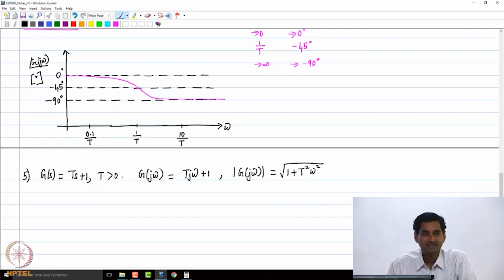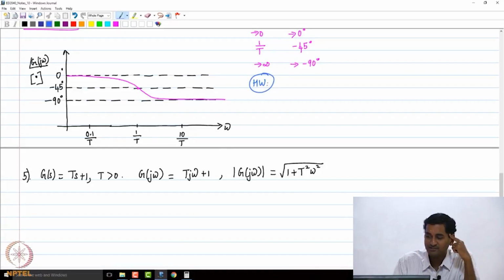Why don't you plot and check? Okay, good question. Please go to MATLAB, plot using a linear scale and logarithmic scale, and check. Overlap them on the same plot. I will write homework here just to make sure all of us remember.